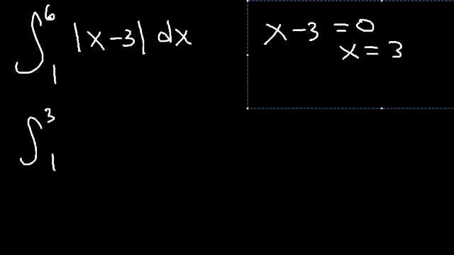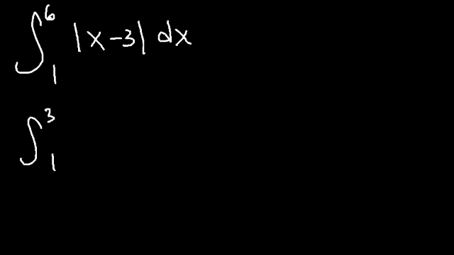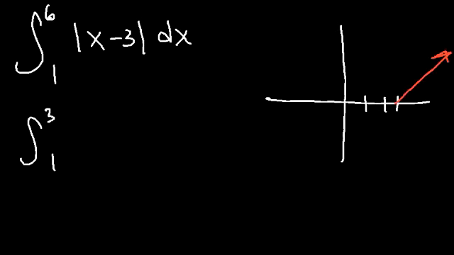Now let's graph this expression. This graph has been shifted 3 units to the right. The absolute value function is basically a V shape. Notice that the equation for the right side is x minus 3. It has a positive slope. The left side has a negative slope.